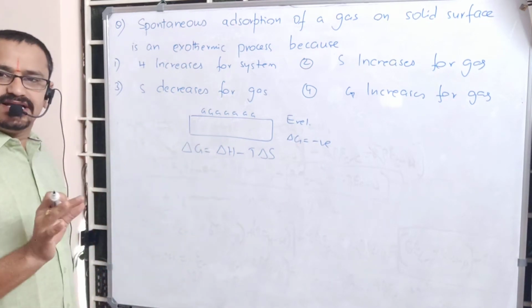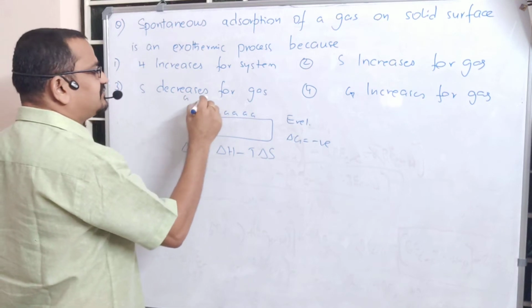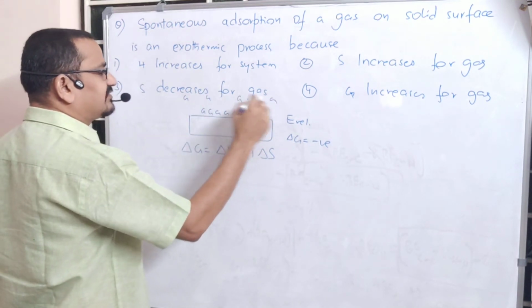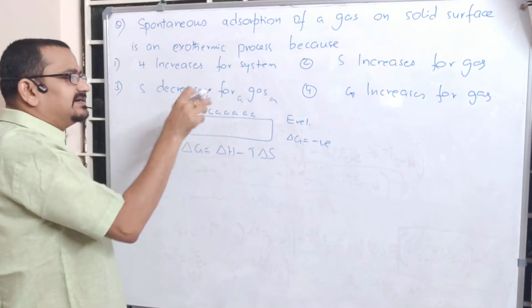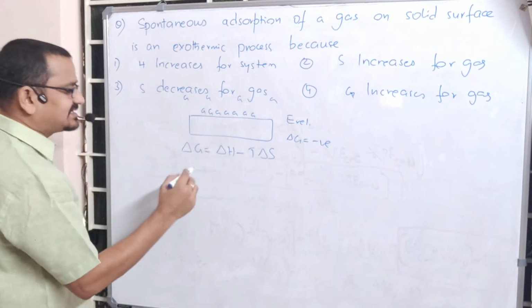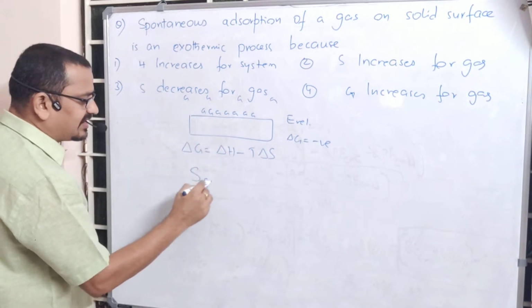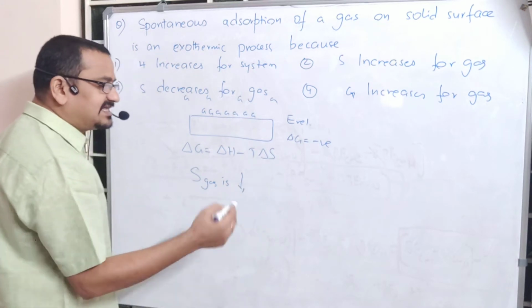The reaction is observed as spontaneous. So what's happening? The gas molecules which are randomly and freely moving above the surface are getting accumulated and adhered, during which their entropy is decreasing. Entropy of the gas is decreasing, which means final entropy is less than initial entropy.